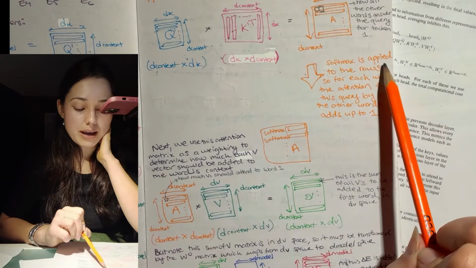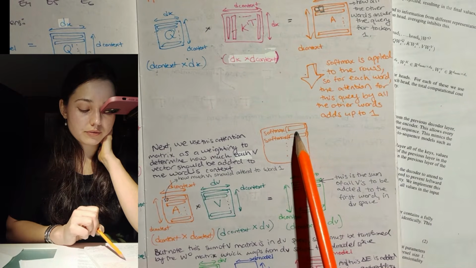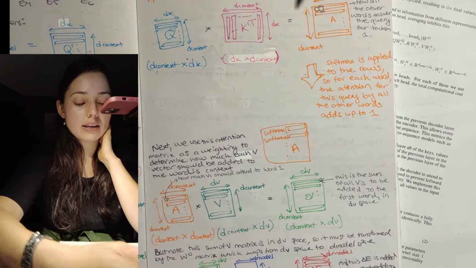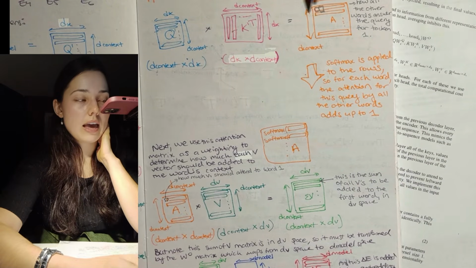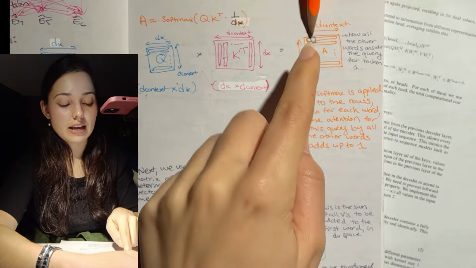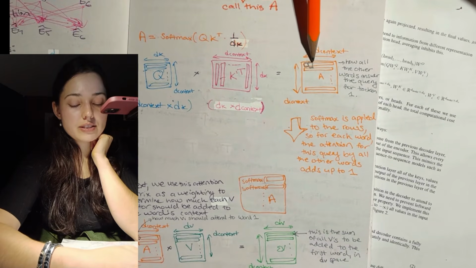Then softmax is applied to the rows, like this, softmax of each one of these blocks. Why? Because this corresponds to the first word, and we want this to scale to sum from 0 to 1, because we're saying how much does the first word answer this query? How much does the second word answer this query?